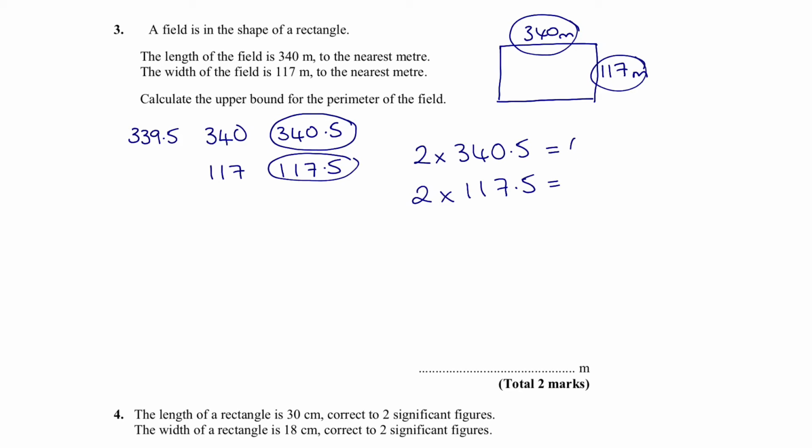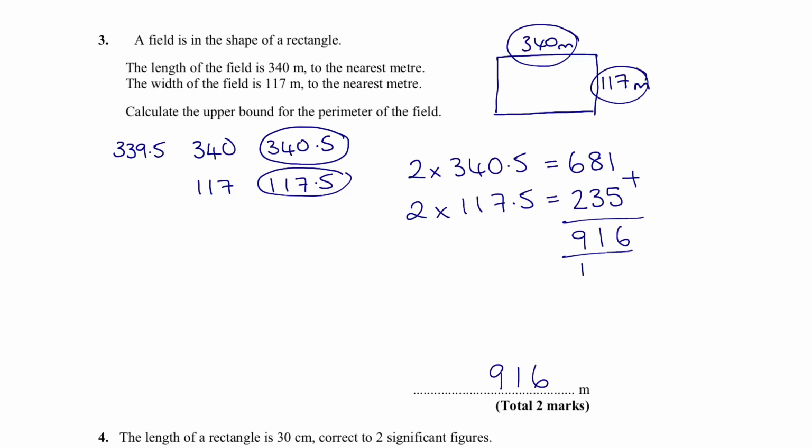So that'll be 681 for that calculation and 235 for that one. So when we add them together to get the total perimeter, we get 916. So the answer is 916 metres for the upper bound of the perimeter of the field.